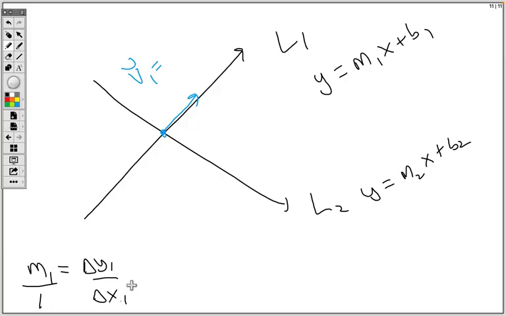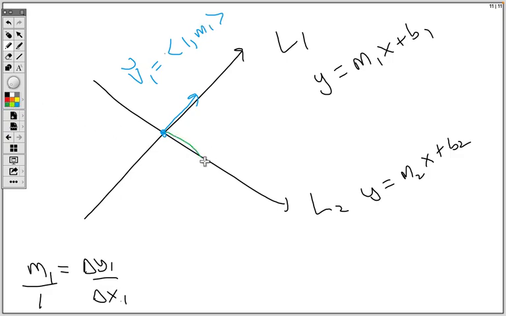So if I wanted to find a vector, I could pick my delta x1 to be 1 and my delta y1 to be m1. So I could pick the vector v1 to be (1, m1). So for every 1 unit I go over on L1, I'm going up m1 units.